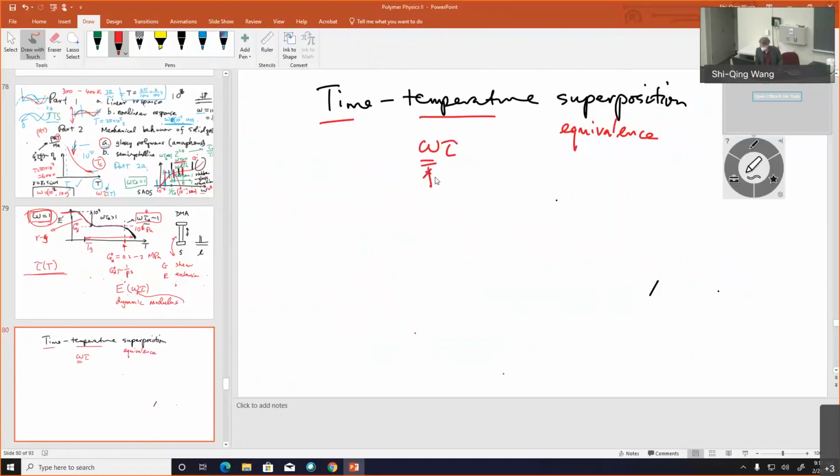This represents time. This represents temperature. They are equivalent in the sense that it is the product of the two that determines what you observe. So in the literature, sometimes they call this whole principle time-temperature equivalence.